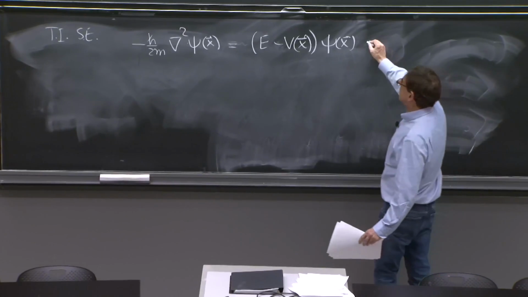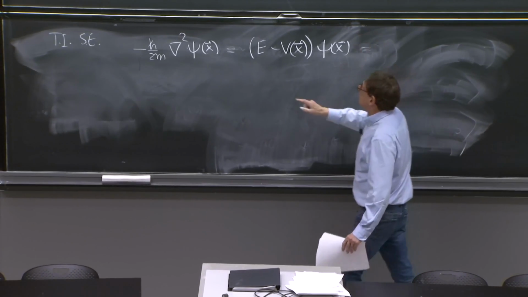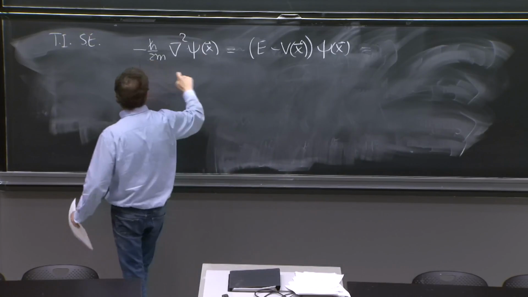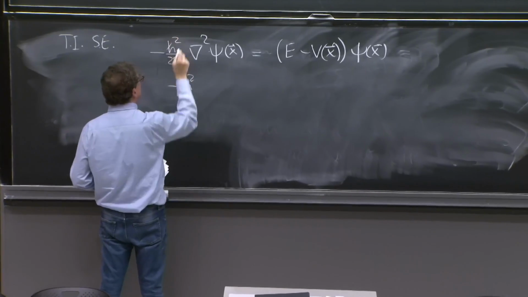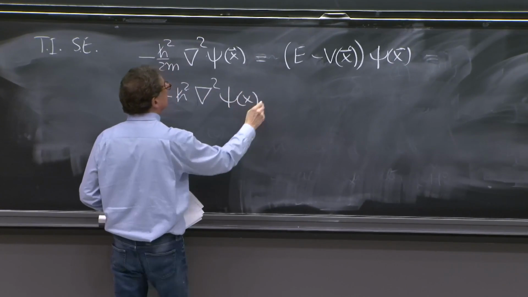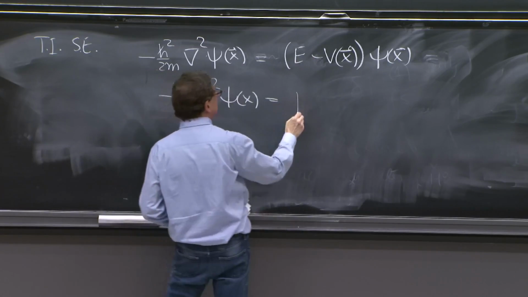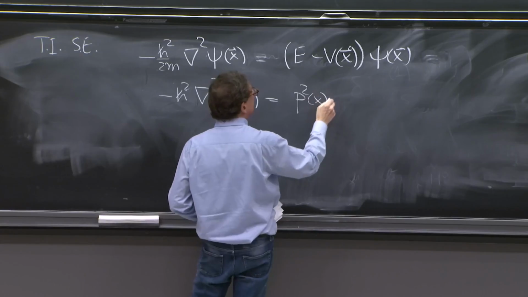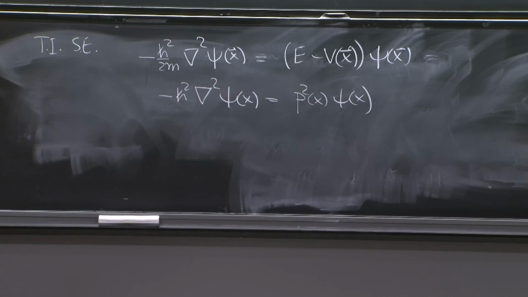But the right-hand side, well, if I put the 2m to the other side, I get minus h bar squared Laplacian of psi of x is equal to 2m E minus V of x. That's p squared of x, psi of x. That's the local momentum squared.